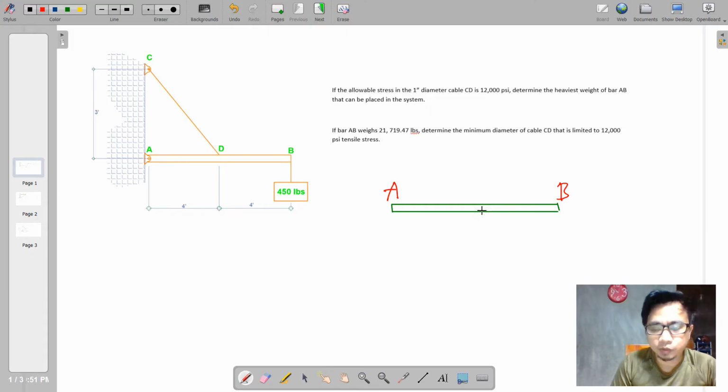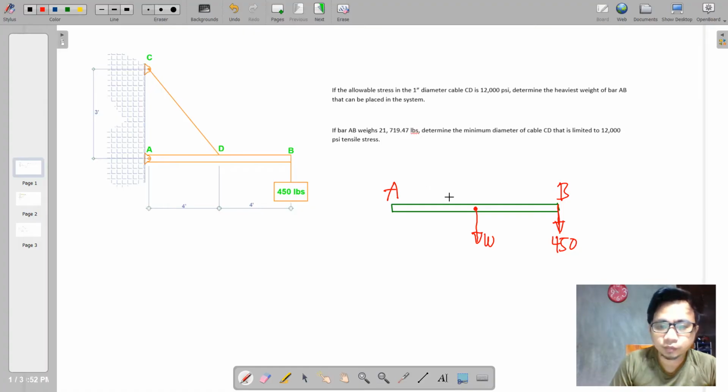So this is a weight. Of course, the weight will be situated on the midspan of this. Say this is the weight here, W. And then we also have the 450-pound block hanged at point B. So this is 450.